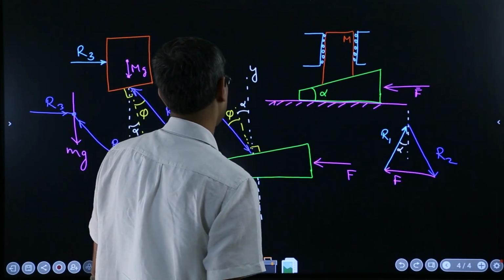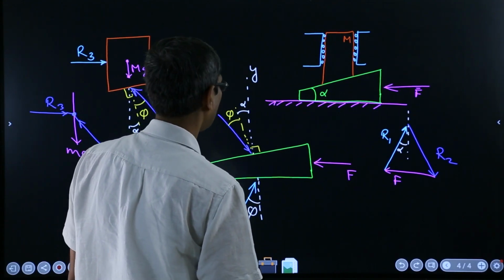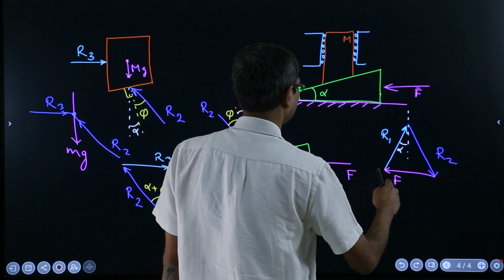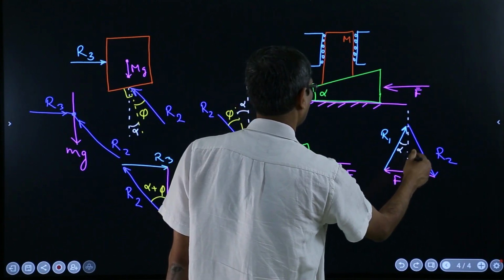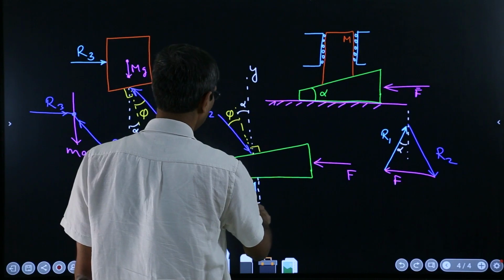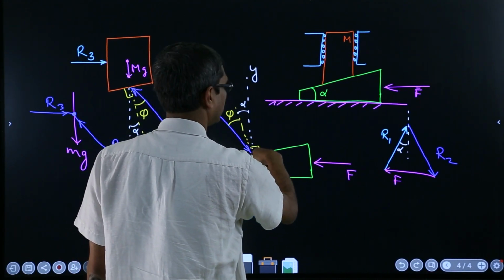Or the full thing with respect to R2, how much it should be? Let's see, R2 and R1. So, R2 and R1, now this is making alpha plus phi with the vertical.